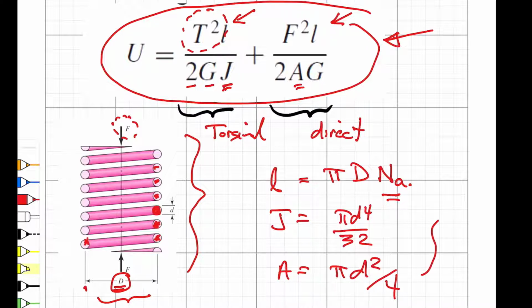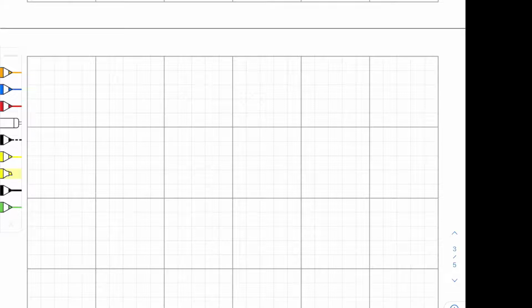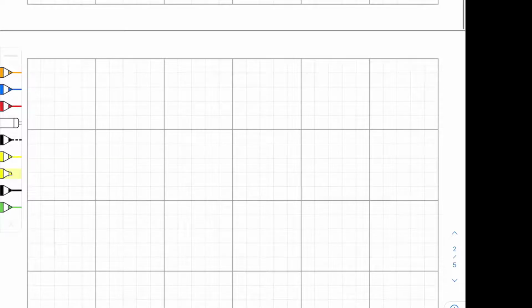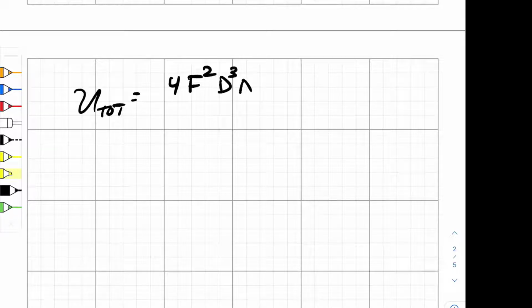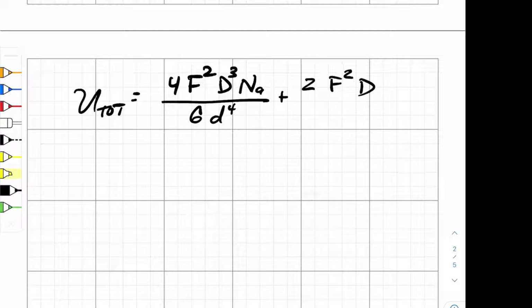We plug those three things into this stored strain energy equation. We find that the total stored strain energy is simply given by 4 times the force squared, the coil diameter cubed, times the number of active coils, divided by the shear modulus times the wire diameter to the fourth power, plus twice the force squared, times the coil diameter, times the number of active coils, divided by the wire diameter squared and the shear modulus.